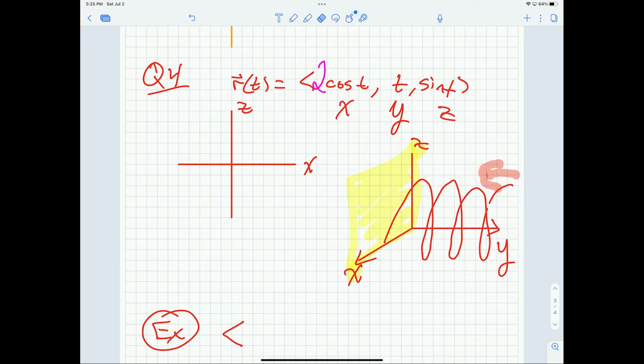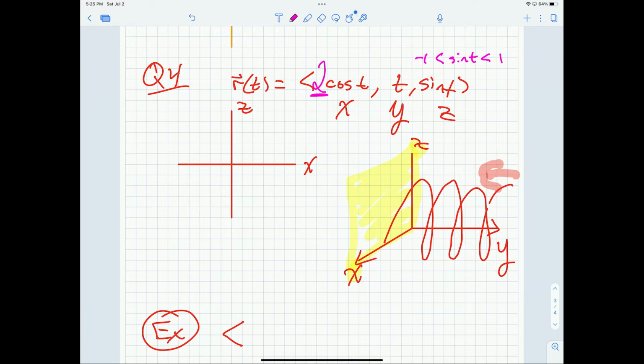But what happens is the x value now goes up to 2 and minus 2, right? Normally, a sine or a cosine is stuck between -1 and 1, but if you put a 2 in front of it, it's going to be between -2 and 2.